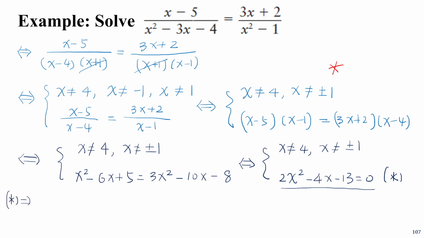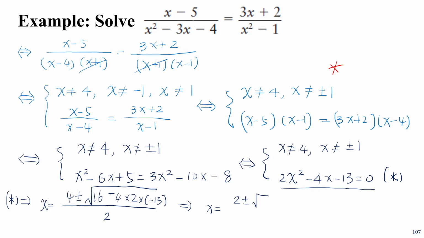Okay, so from star we can solve x. We can just directly use the quadratic formula to solve it. That'll give you x equals 2 plus or minus square root of 30 over 2, right?